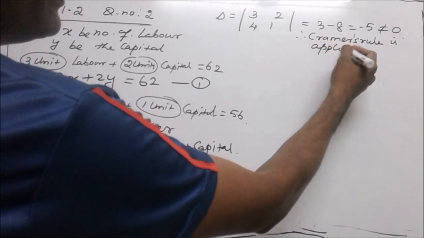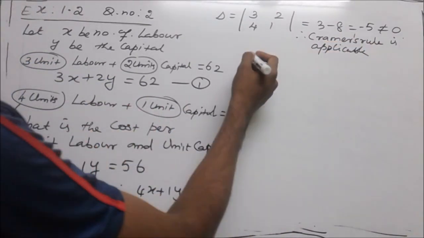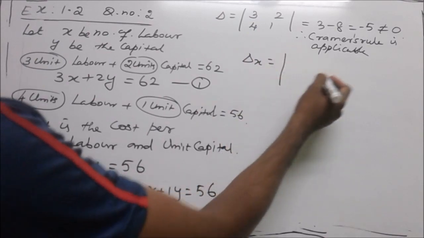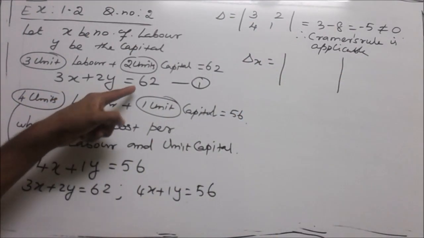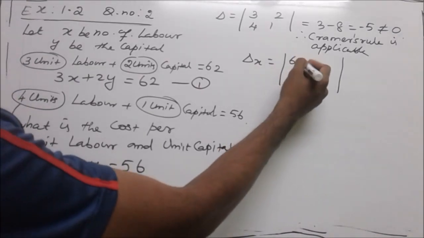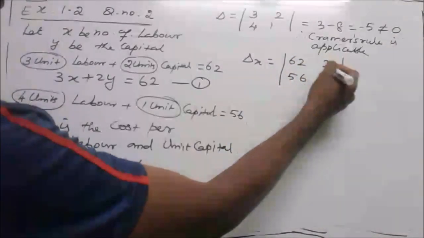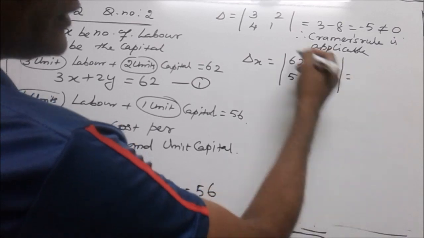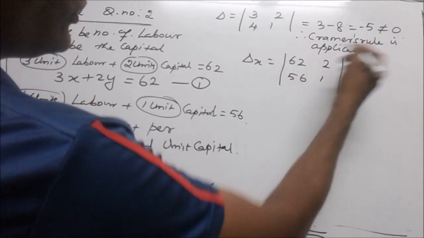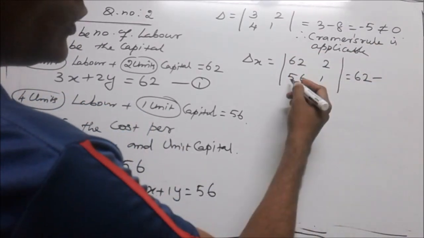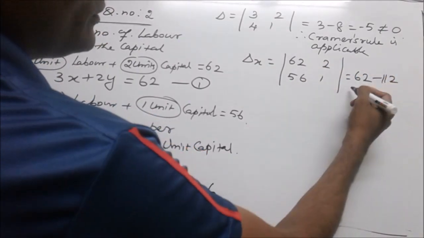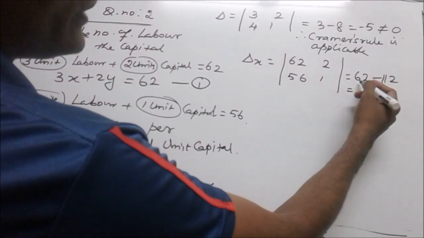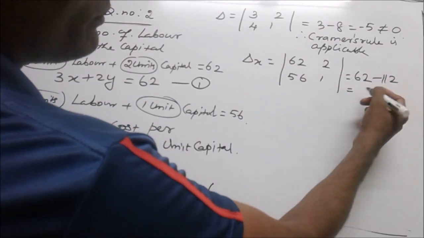Then delta x is equal to, replacing the coefficients of x by the constants. The constants are 62 and 56, with 2, 1. Evaluating, 62 into 1, minus 56 into 2, 112. That will be equal to 62 minus 112, minus 50.